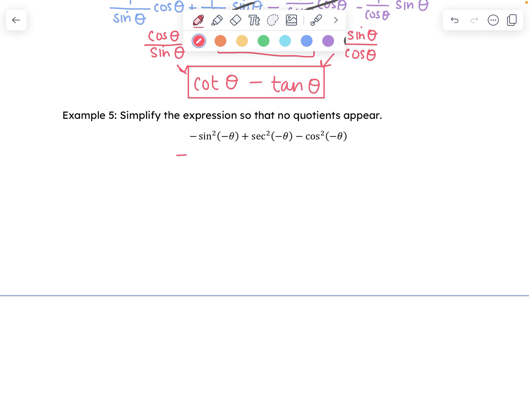So everything's going to stay the same, but this negative is going to come out in front. So it's going to be negative sine theta squared. Secant just makes it positive, so that one's going to stay as secant squared theta. And cosine just makes it positive, so minus cosine squared theta.